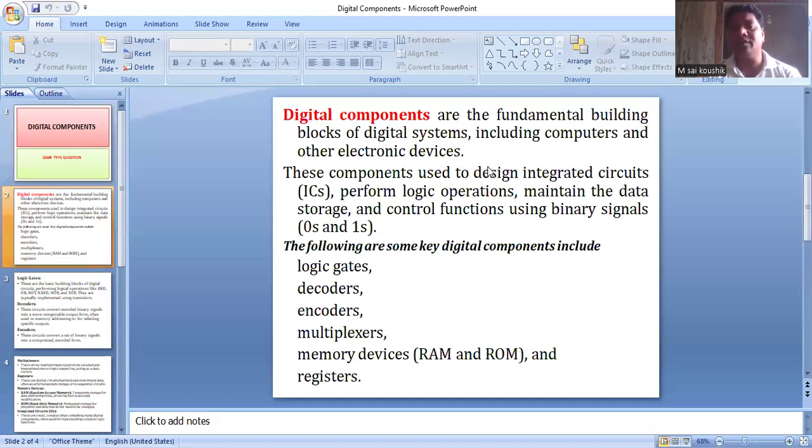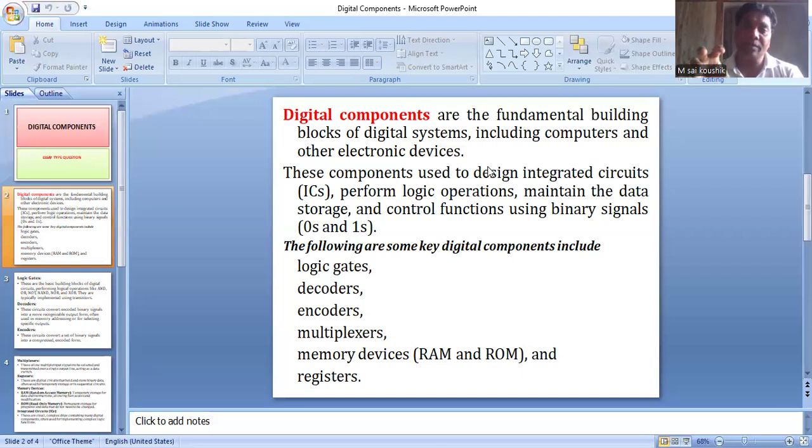All electronic devices stand on a particular system called the BIOS, basic input output system. The BIOS always depends on integrated circuits like flip-flops, sequential circuits, combinational circuits, and logic circuits.